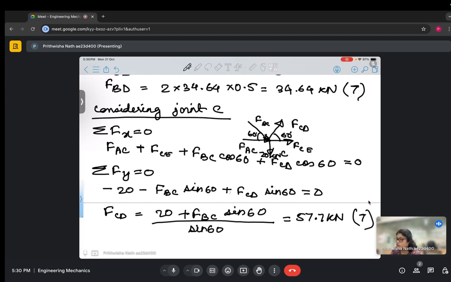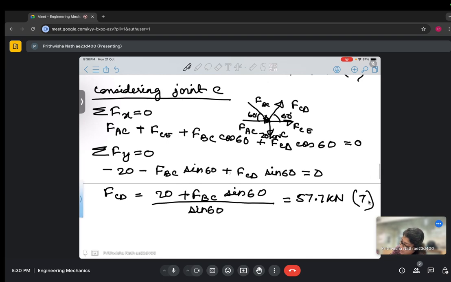Now we go back to this Fx equal to 0 equation and substitute CD and then calculate AC from there. AC is nothing but minus FCE minus FBC cos 60 minus FCD cos 60.